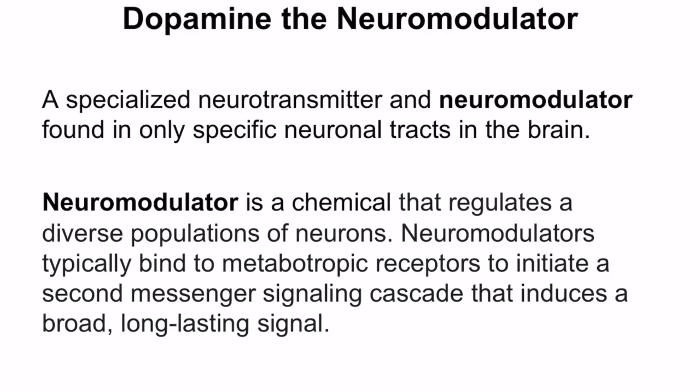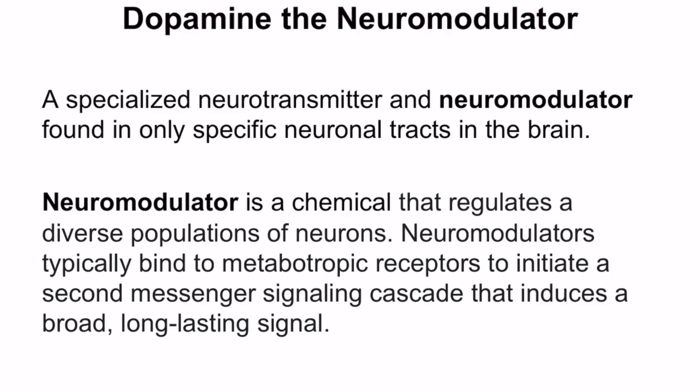So neuromodulators, on the other hand, rather than directly contributing to the excitability or lack thereof of a postsynaptic cell, are chemicals that regulate a diverse population of neurons in the nervous system. And we'll be talking about dopamine, which has significant abilities to modulate nearly the whole brain.